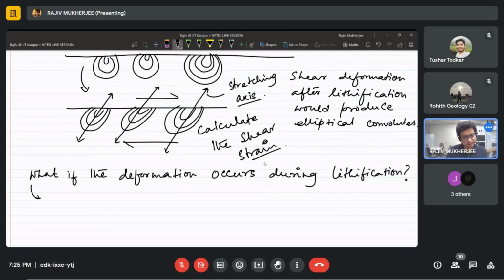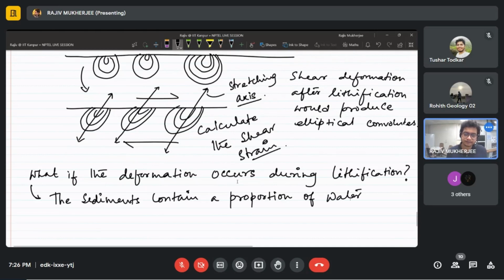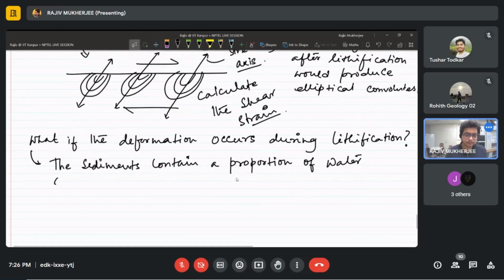This means that the sediments contain a proportion of water, and they are in semi-solid state, right? Because after lithification only the sediments become rock, that means they are solid.